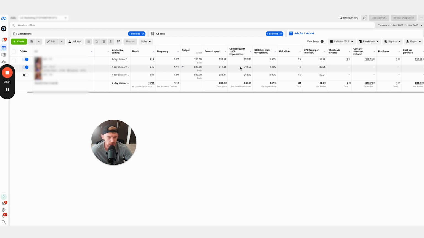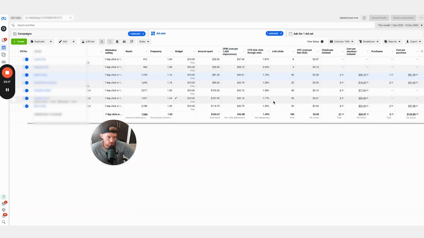You go in the next day, and the data is kind of backtracked and updated a little bit. So yeah, it is what it is. But if this ad at the top here hadn't had a sale, and I'm like, oh shit, we spent $80 and no sales, then maybe I would have turned this one back on. But because this one seems to be working a little bit, I'm just going to keep it on, and then I'll make a decision after that.